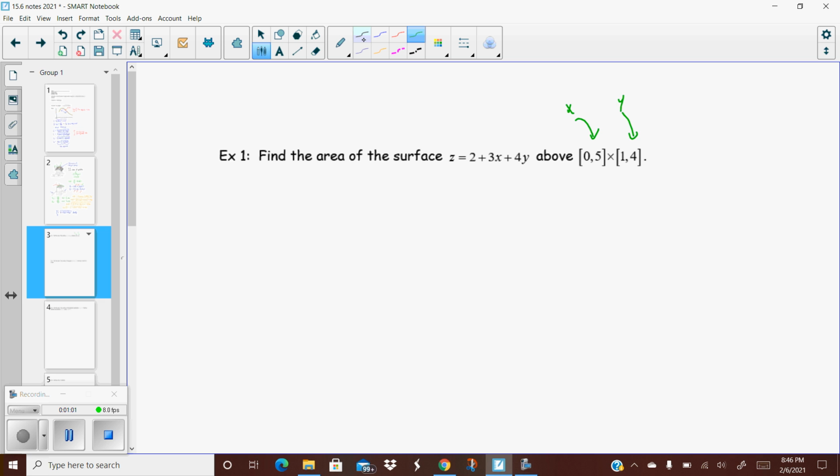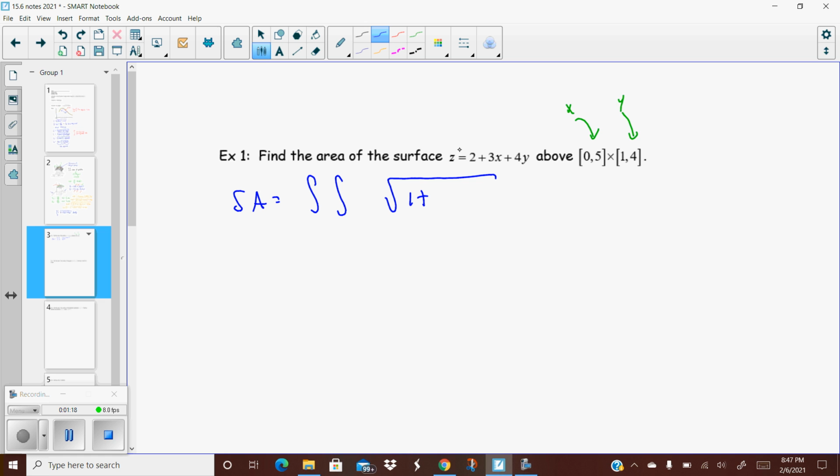We're just going to use the formula which says that the surface area is the double integral over our domain of the square root of 1 plus the partial derivative with respect to x.